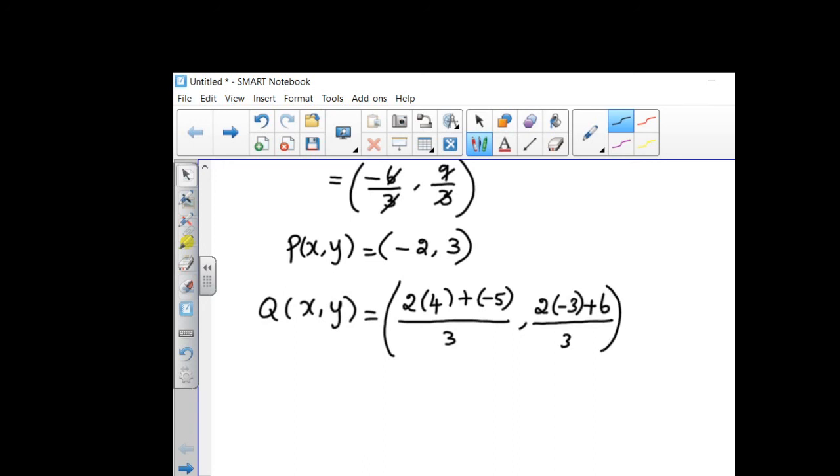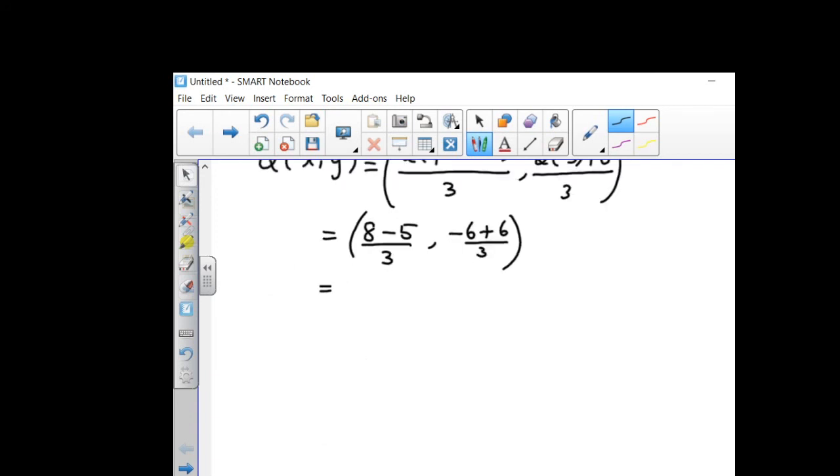Okay, so what do you get? 2 4s are 8. 8 minus 5 divided by 3 comma 2 3s are 6. So minus 6 plus 6 by 3. Okay, so what do you get? 8 minus 5, you will get 3. 3 by 3, then 0 by 3. 0 by 3, you will get 0. If you cancel, you will get 1. So 1 comma 0. This is Q of x comma y.